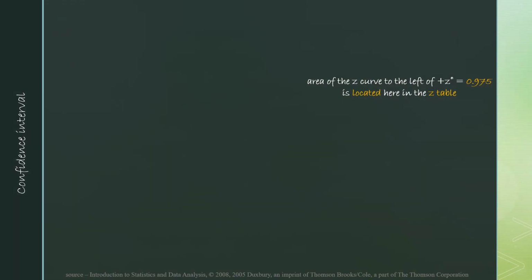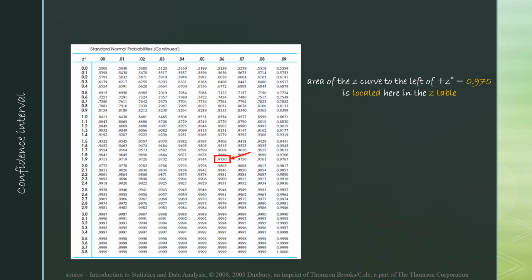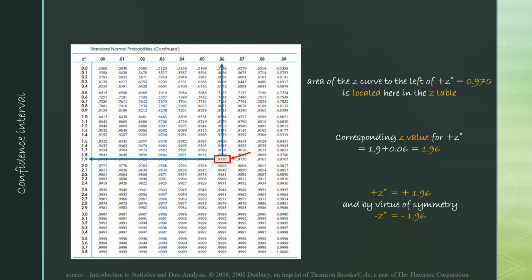Area of the z curve to the left of plus z star equals 0.975 is located here in the z table. Corresponding z value for plus z star equals 1.9 plus 0.06, which equals 1.96.